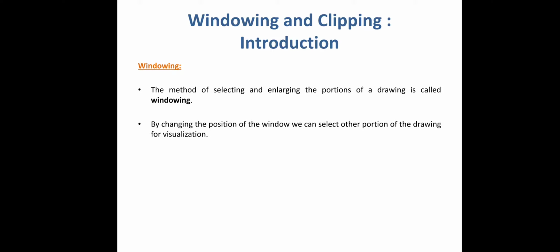In that case, it will be useful to display only that part of the drawing in which we are interested. So we apply the window on Pune city to view only the part that we are interested in.